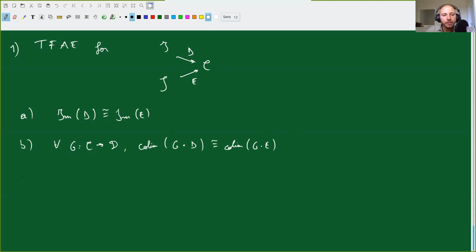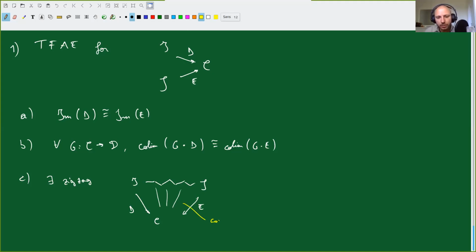And C, there exists a zigzag from I to J, where all these triangles commute, and all these functors in the zigzag are confinal.